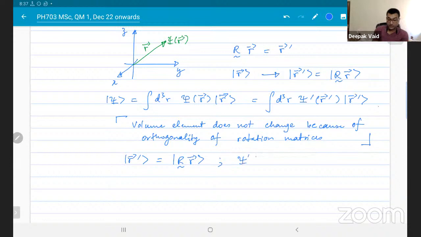Okay. What about this psi prime of r prime? What is this r prime again? This is psi prime of matrix R acting on r. Okay.